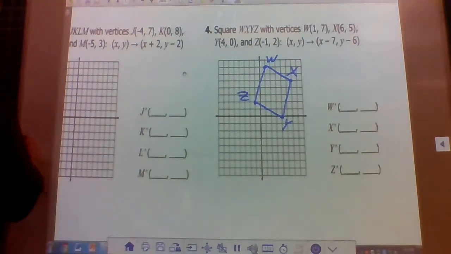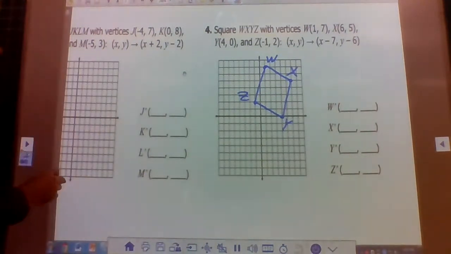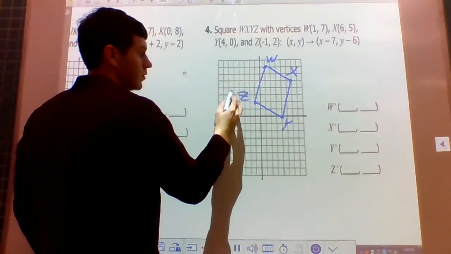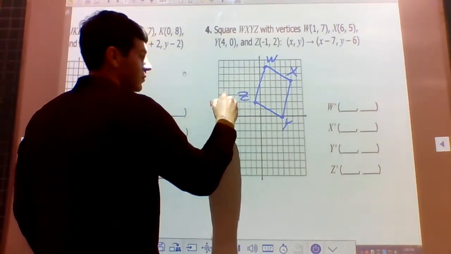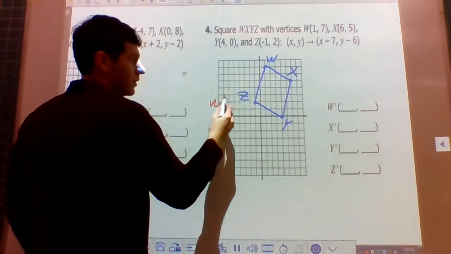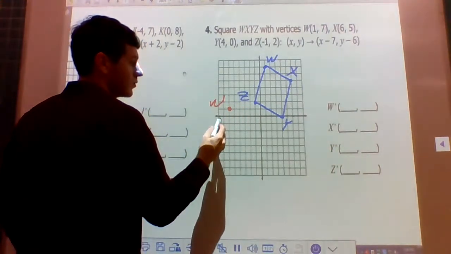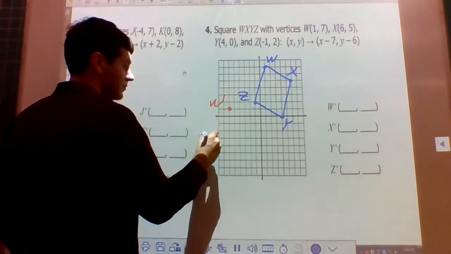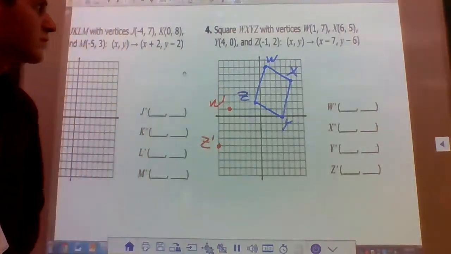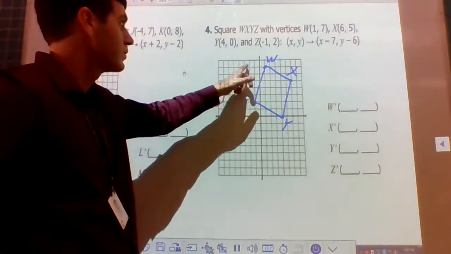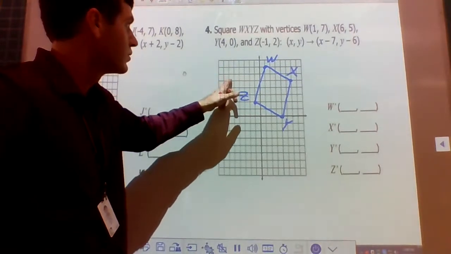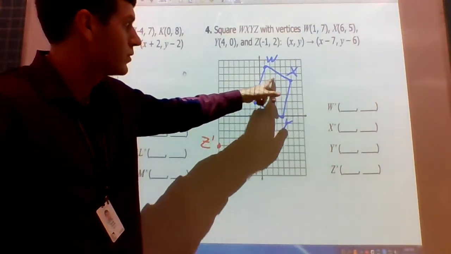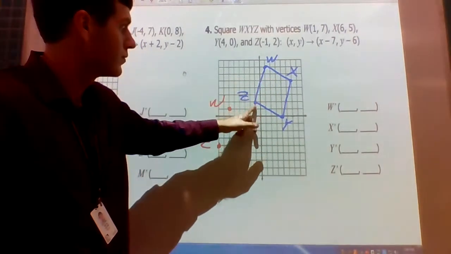Again, we can just count, or we can plug into the rule. If we count, we go left 1, 2, 3, 4, 5, 6, 7, and down 1, 2, 3, 4, 5, 6.